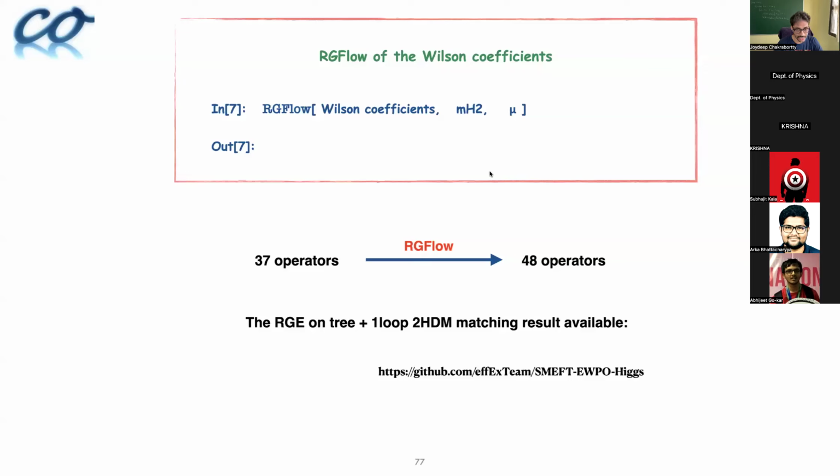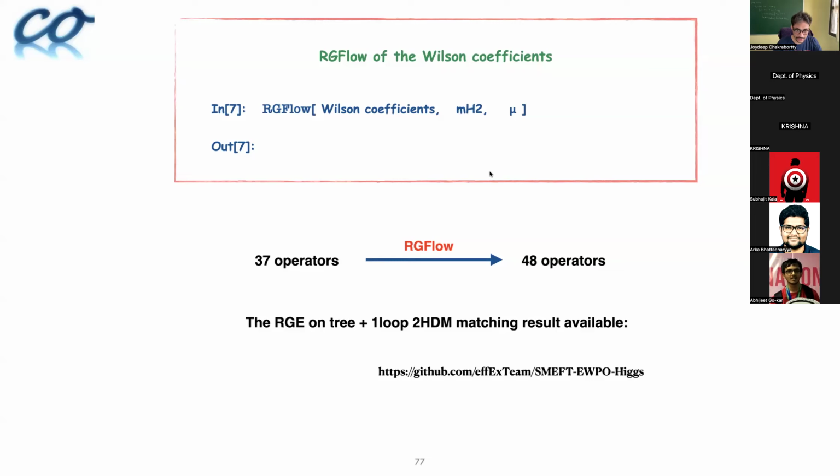So if my lambda is basically a few TeV, let's say 5 or 10 TeV, then my electroweak data, the Higgs signal and electroweak precision data are basically at the electroweak scale. So I have to run those operators, and this running is done by calculating the anomalous dimension matrix associated with these operators.